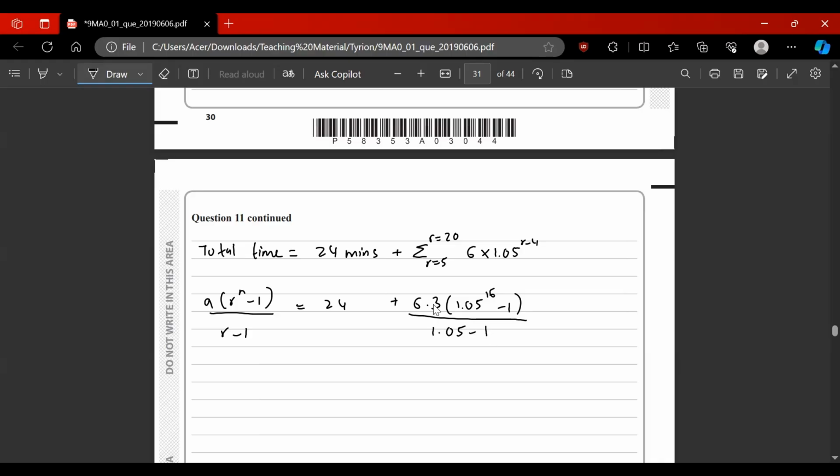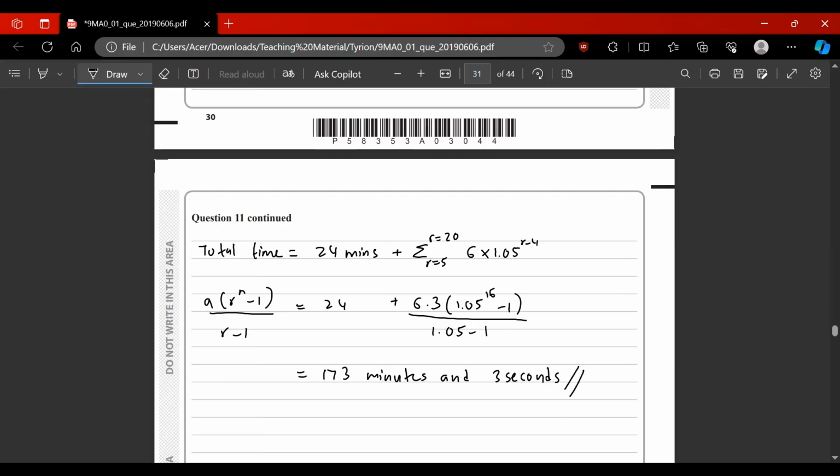So this first term here, a, you can find by simply putting in the first one, which is 6 times 1.05. So this gives you 6.3, right? That's how you get a over here. And so once we have that, we can simply put this in our calculator to check what the value is. And what we should get in return is 173 minutes and 3 seconds. This is the time taken for her to complete the entirety of the race.